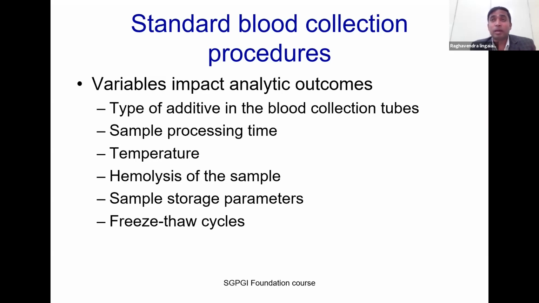That sample has undergone many freeze-thaw cycles, and it can lead to degeneration of those analytes, which might give you erroneous, low values, so you cannot rely on the results. So avoid repeated freeze-thaw cycles. If you plan to do analysis at different points of time, better make different aliquots in the beginning only.